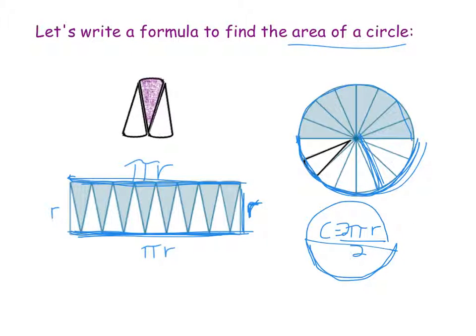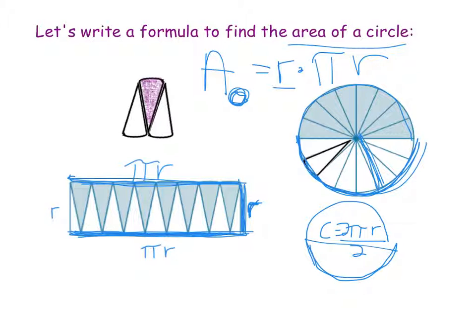So now, now that you can see this spread out and we have our rectangle, how can we write the formula for the area of a circle? I'm going to just write it like that. The area of a circle, we have our length times our width, and we want to write it with as few symbols as possible.